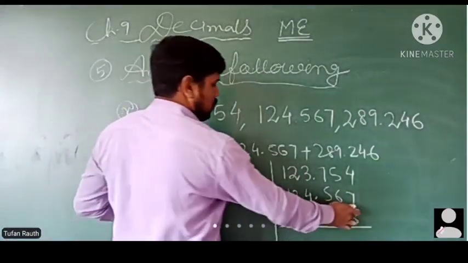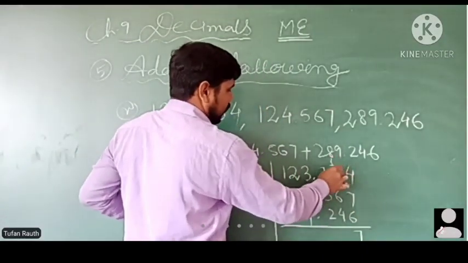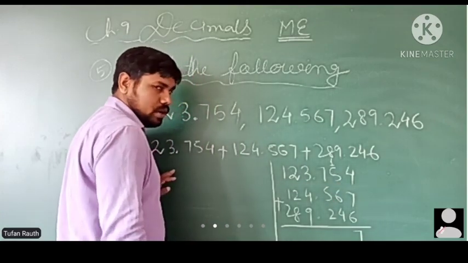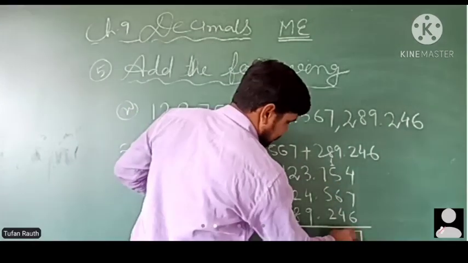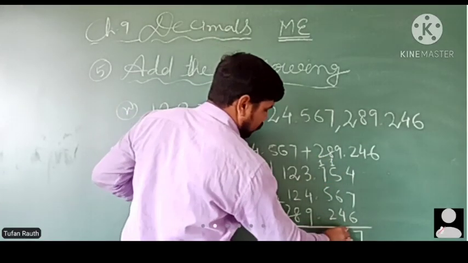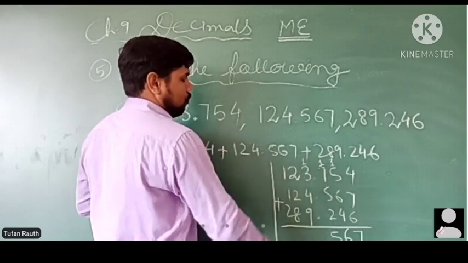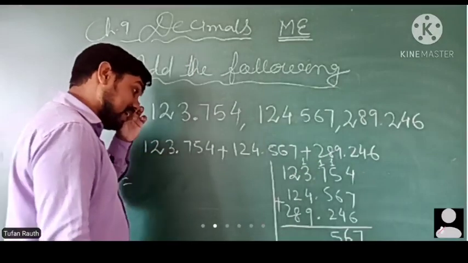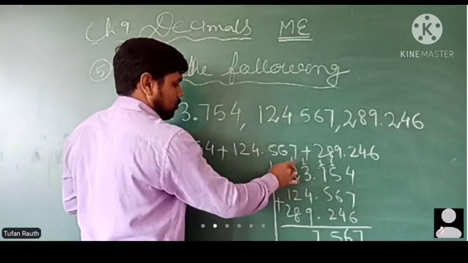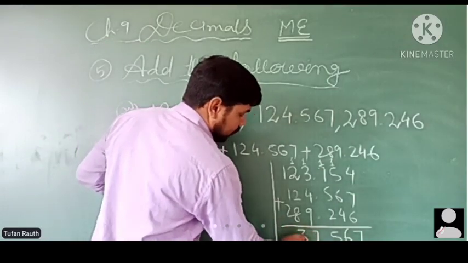So 6 plus 4 is 10, 10 plus 7 is 17, so 7, 1 carry. 5 plus 1 is 6, 6 plus 2 is 8... 12 plus 4 is 16. So 6, 1 carry. 8 plus 2 is 10, plus 5 is 15. So 5, 1 carry. 3 plus 1 is 4, 4 plus 2 is 6... 8 plus 9 is 17. So 7, again 1 carry. So 3 plus 2 is 5, 5 plus 8 is 13. So 3, 1 carry.